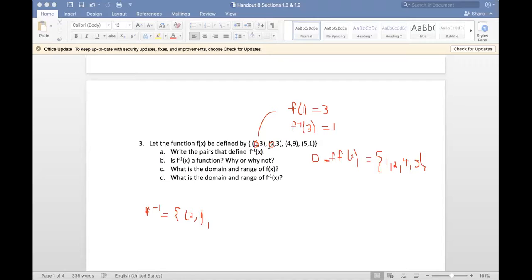Now, if we had another one, let's say f of 2 is 3. That tells us that f inverse of 3 is what? 2. Right, but what did we just say f inverse of 3 was? Oh, it's 1.